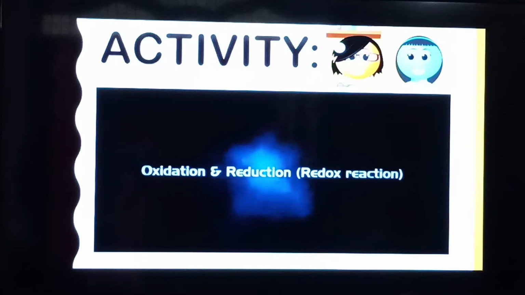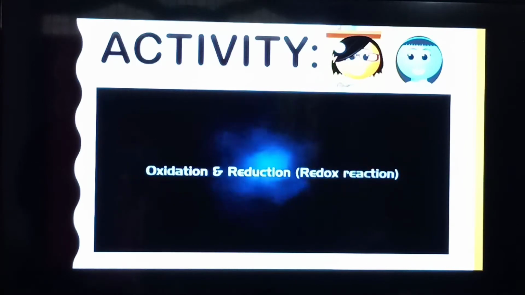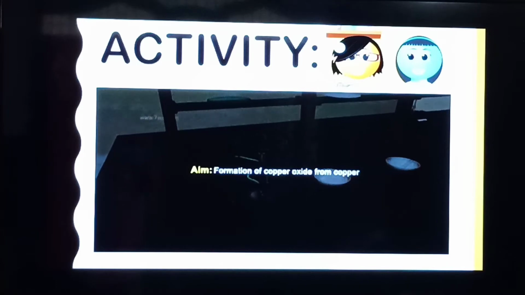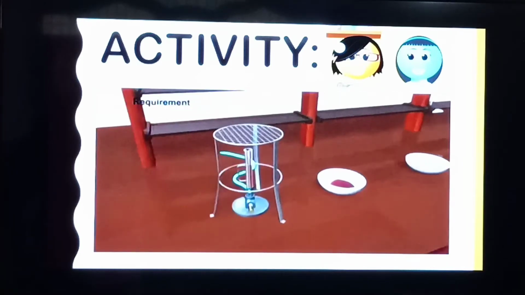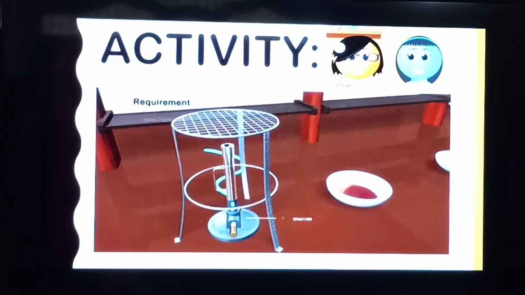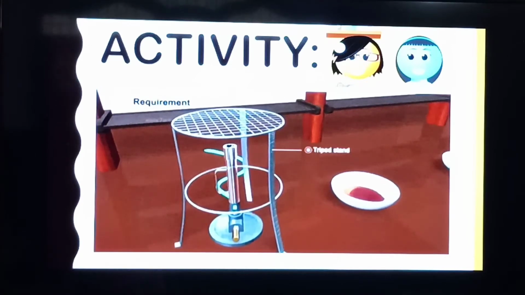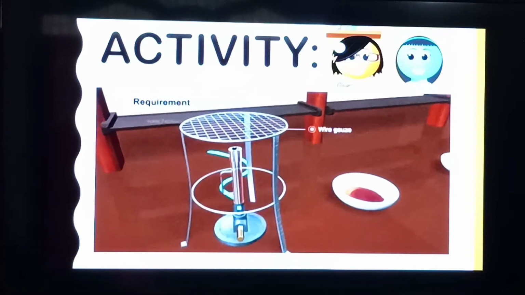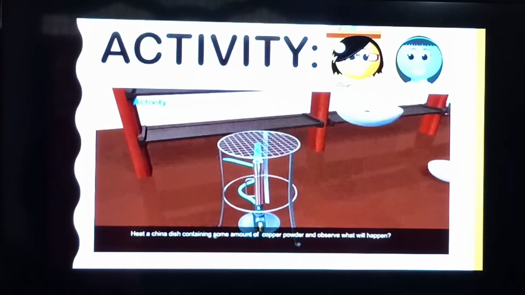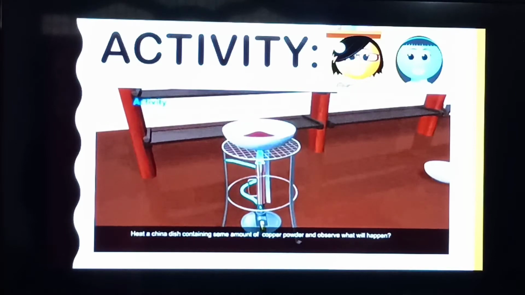Oxidation and reduction. Redox reaction. A. Formation of copper oxide from copper. Requirements: china dish, copper powder, burner, tripod stand and wire gauze. Activity: heat some copper powder in a china dish.